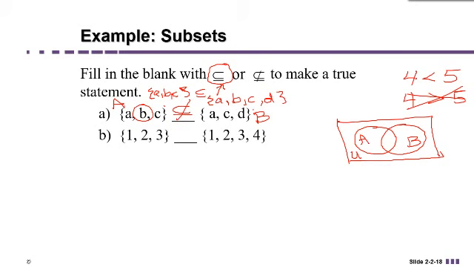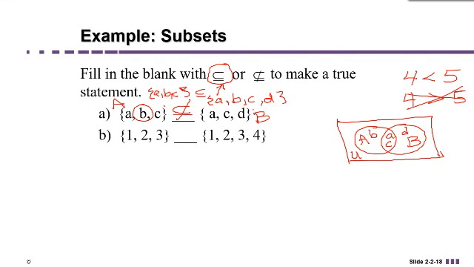All right, so A contains A, B, and C. And B contains A, C, and D. So they both contain the elements A and C, but A contains the element B, and B contains the element D.